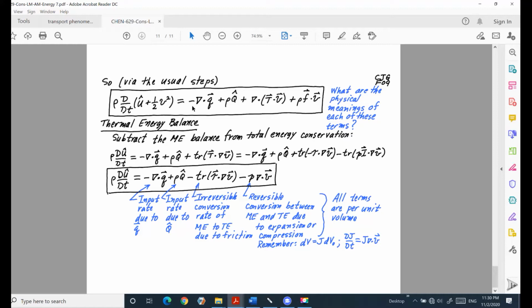We don't have this term in the mechanical energy, and this term is going to come here. We don't have that one in mechanical energy either, so this is going to come here, and these have the same signs.